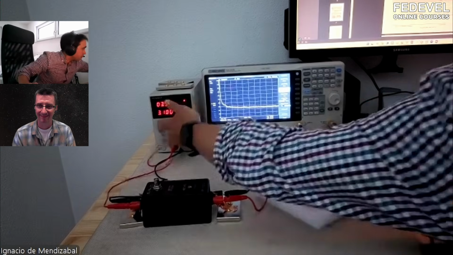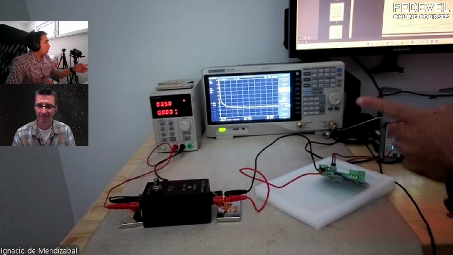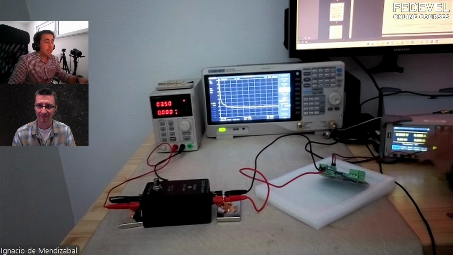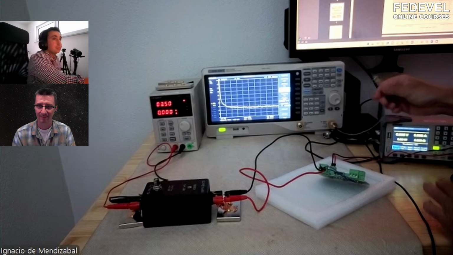Great. Perfect. So now we have 3.5 at the input, and at the output I am measuring already 5 volts, but zero load. So let's see if we can measure something.